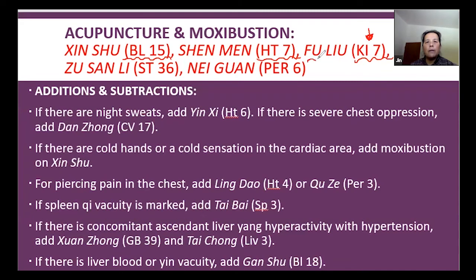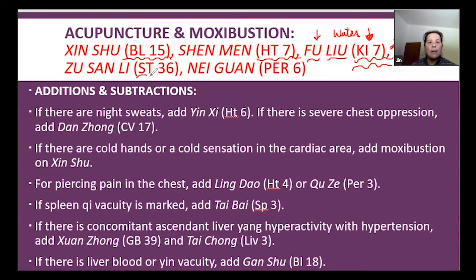The Chinese name is Fu Liu. Liu is like water, and Fu means double. So kidney 7 can regulate water, for people with sweating conditions, whether spontaneous sweating or night sweating. So that's a regular water point.